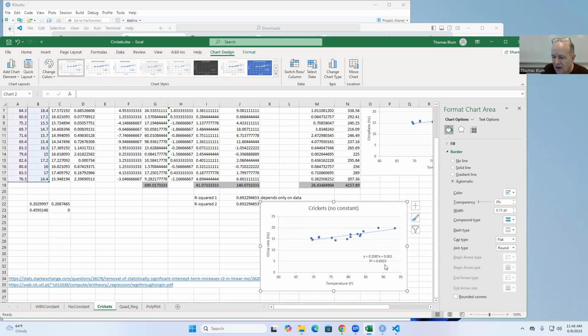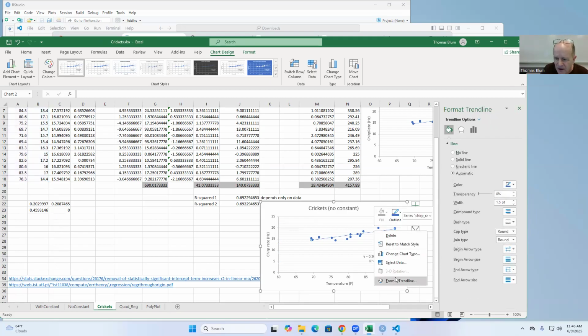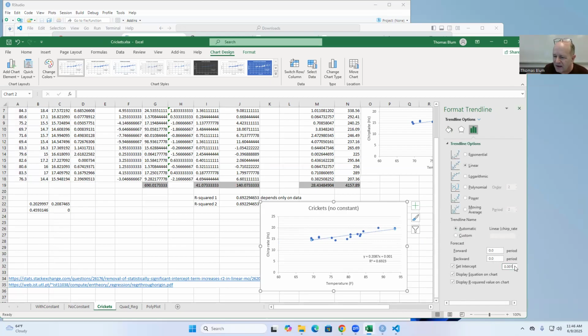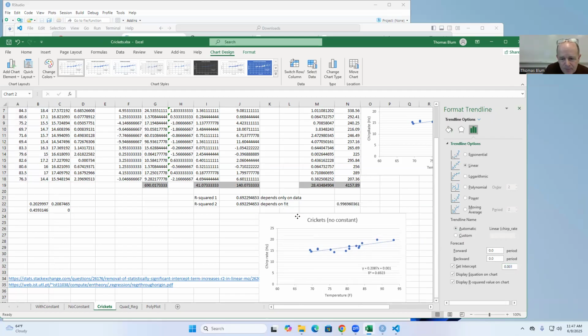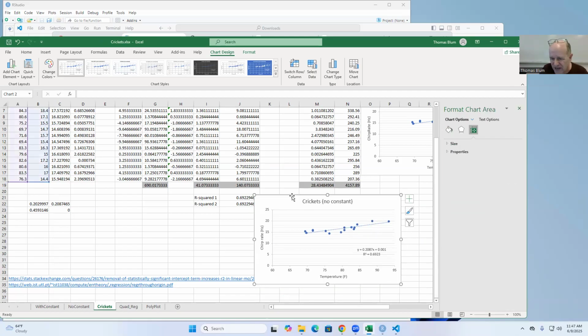And it was sticking to this 0.6923. I wanted it to go down from there, and it wasn't going down from there.